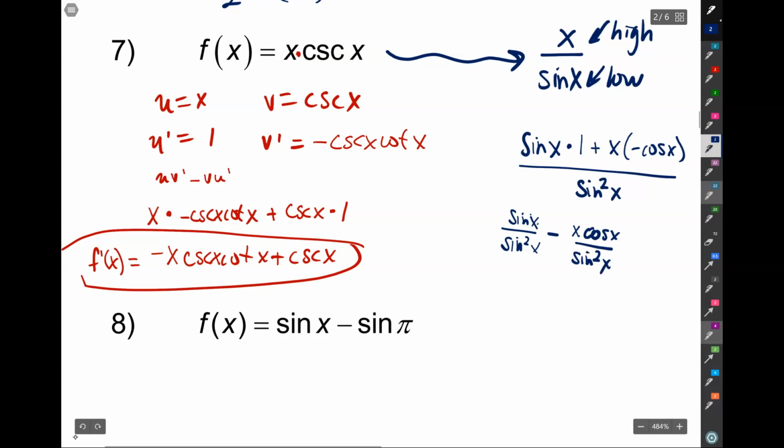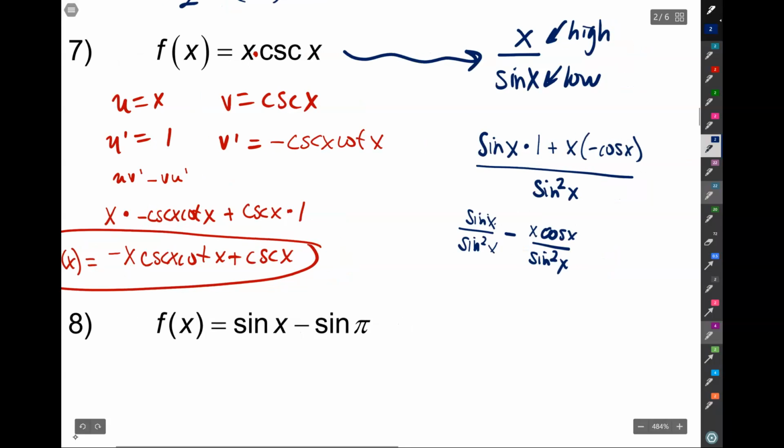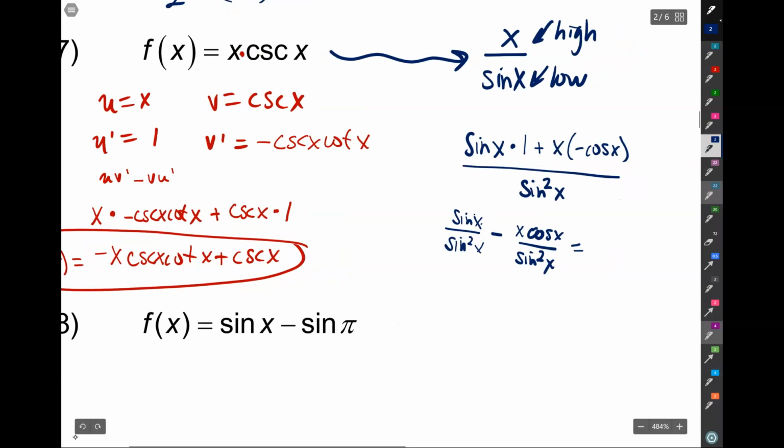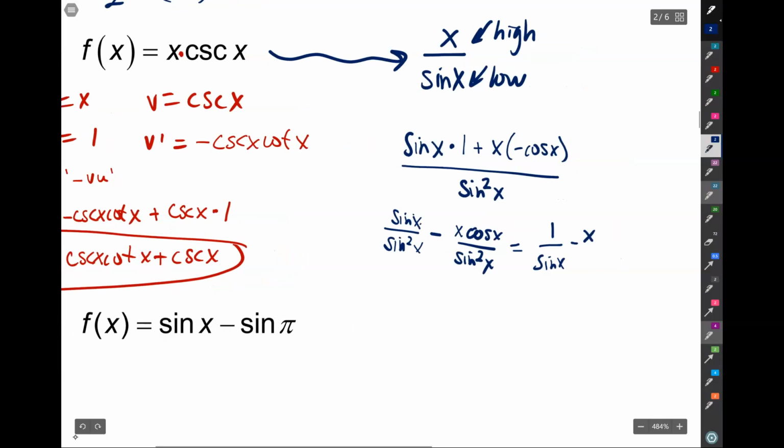So I'm showing you, you get the same answer. If you're like, I'll remember what cosecant of x is, convert it into sine and cosine. You know what derivatives of sine and cosine are, and you can do quotient rule. So one of the sines cancels out and I have 1 over sine x minus x times, I'm going to write it so you can see every step.